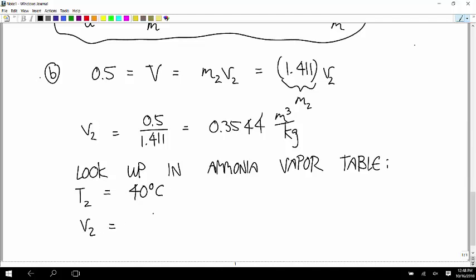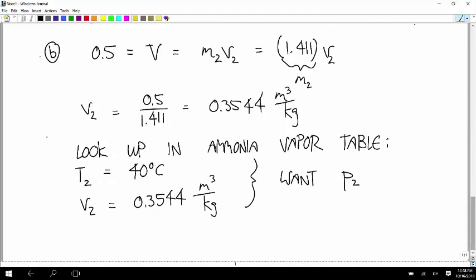V2 is 0.3544. And we want pressure 2 that goes along with that. So in the vapor table for ammonia, are either of those values given? The 40 is. Okay, that's good.